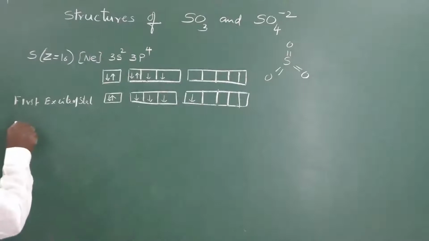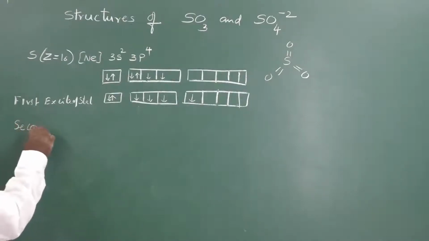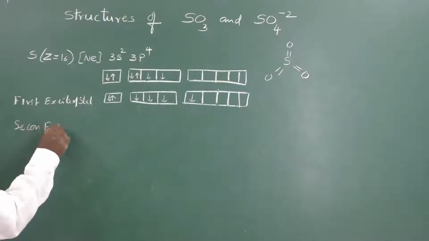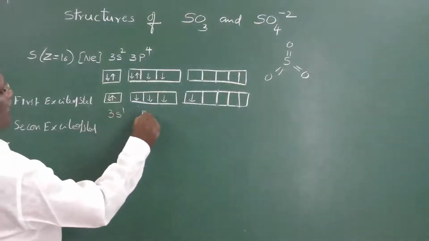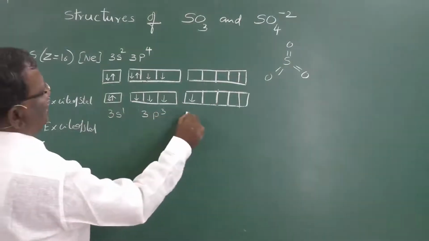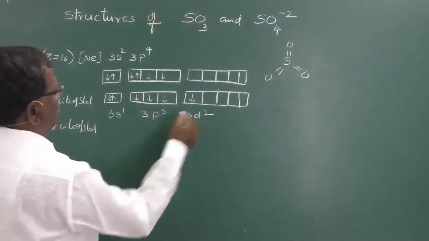In the second excited state, the electronic configuration of sulfur is 3s1 3p3 3d2.